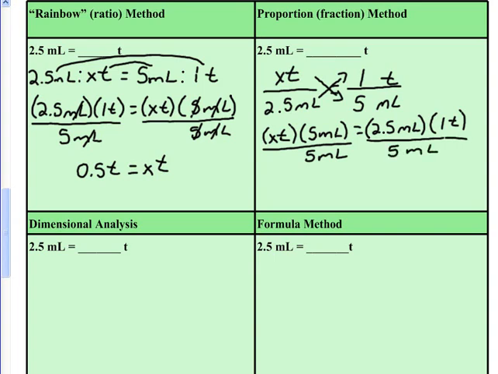Notice on the left-hand side, both the number 5 as well as the unit milliliters cancels, leaving us just with x teaspoons. On the right-hand side, only the unit milliliters cancels, not the numbers. We can then multiply 2.5 times 1 and divide by 5 and find that 2.5 milliliters is the same as 0.5 teaspoons or half a teaspoon.